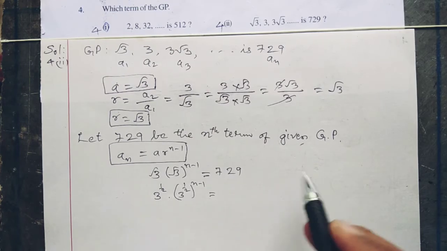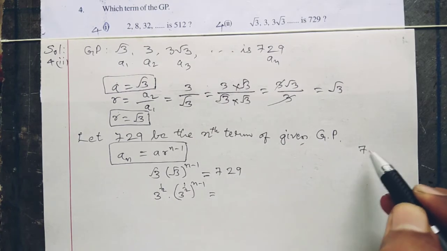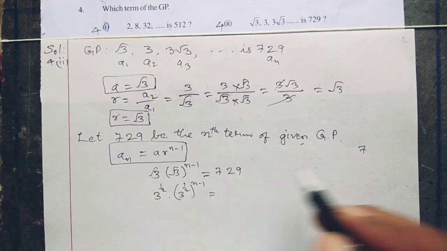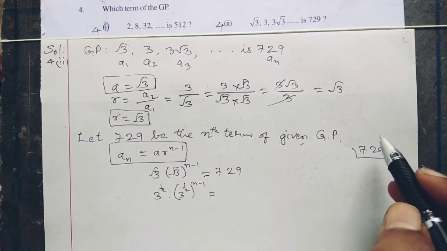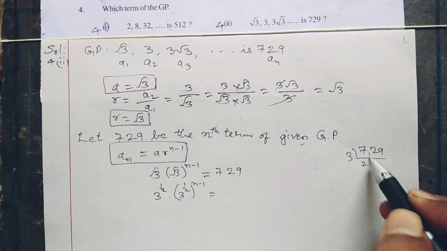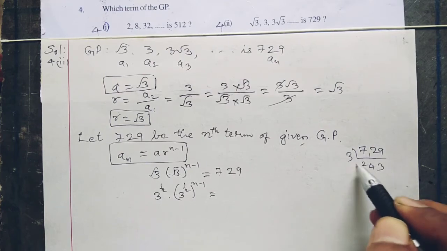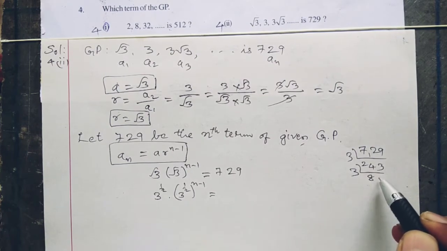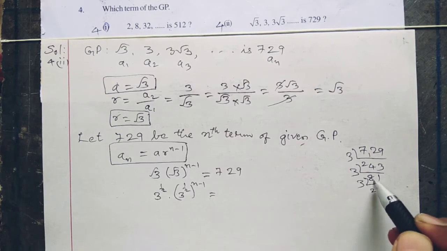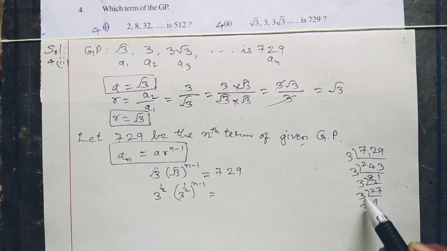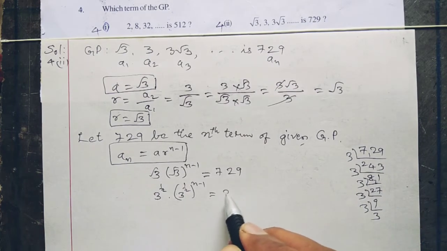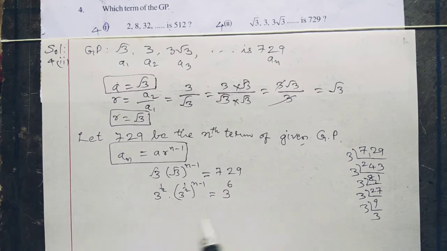We have to factorize 729, which is 3 to the power of 6.